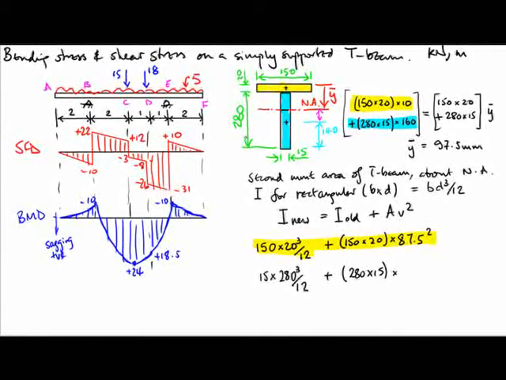Overall depth is 300 minus 97.5 minus 40, so it is actually 160 minus 97.5, and it is squared.